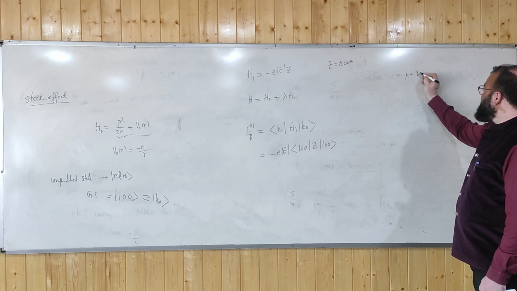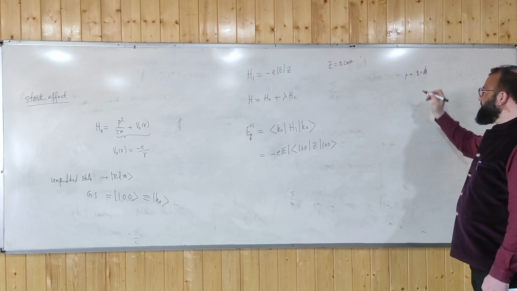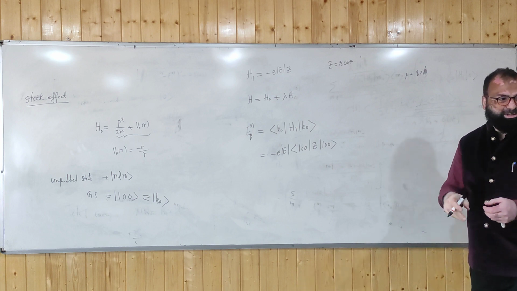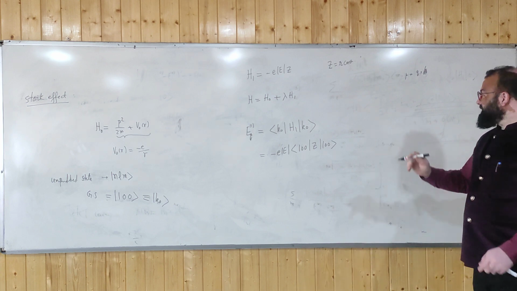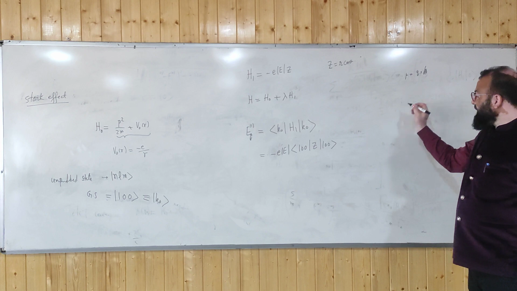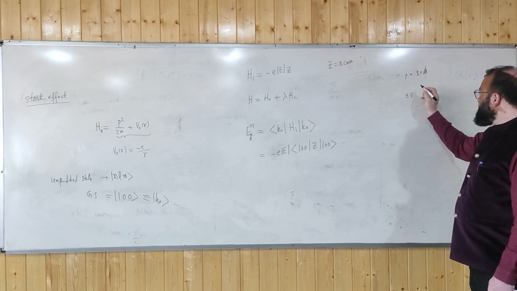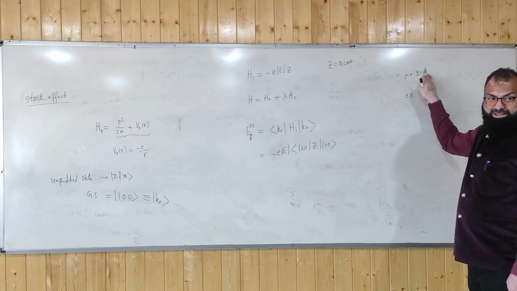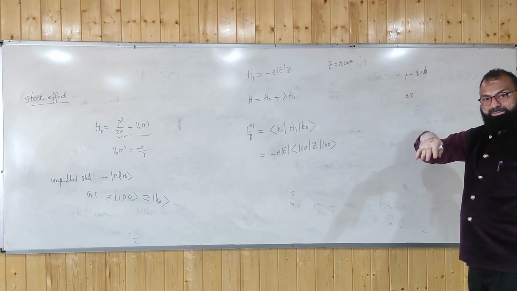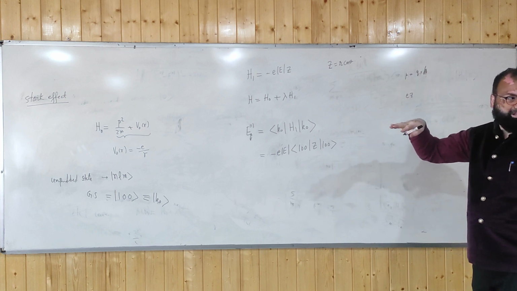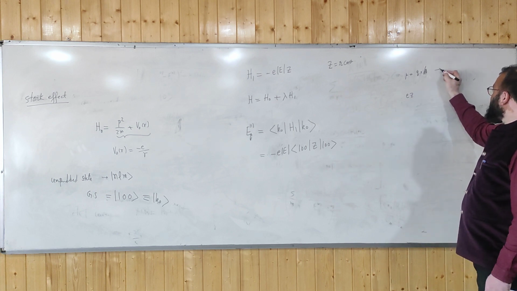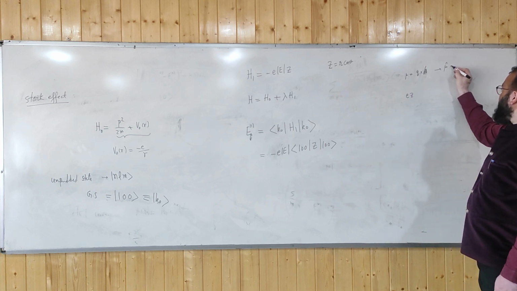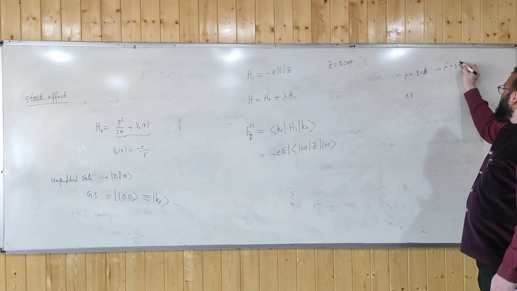It is charge into distance, q into r, the distance of separation between two charge centers. When you quantize it, r will become simply a position operator. So this will go as the dipole moment operator, q and r.